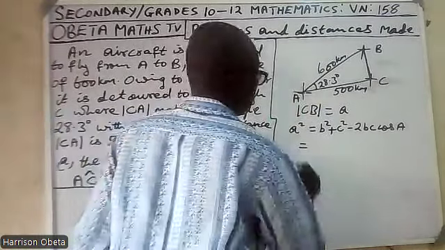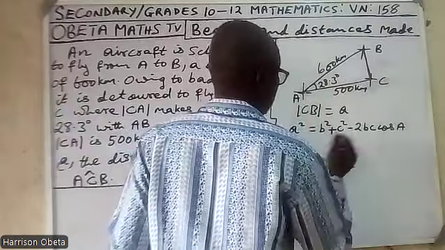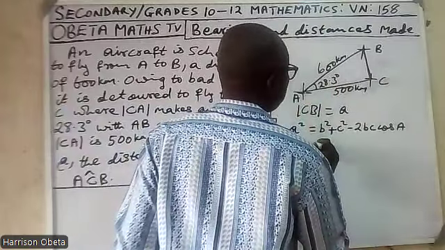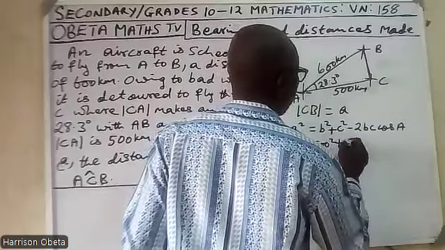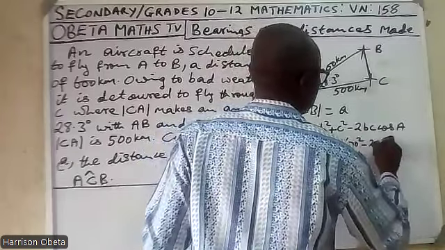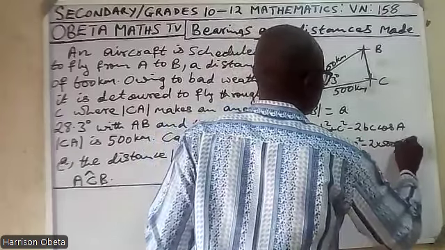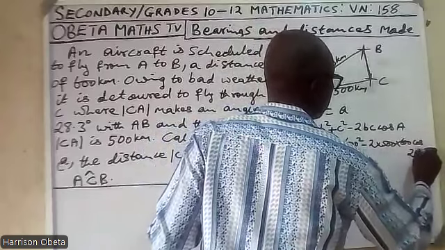So that is A squared equal to this. So that would be B squared, 500 squared plus 600 squared minus 2 times 500 times 600 cos 28.3.